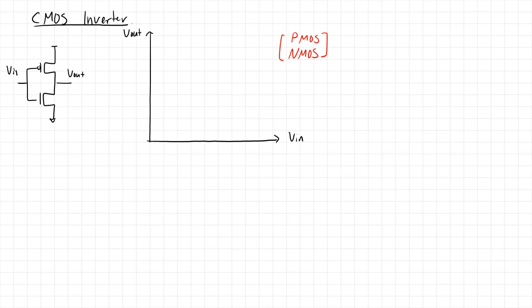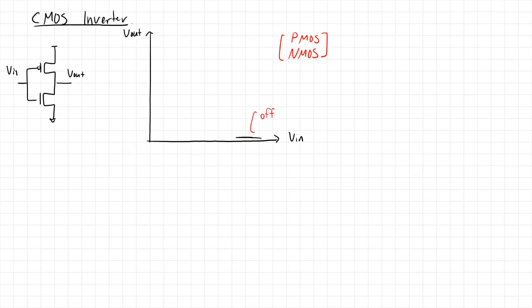Okay, now when Vin is large, we expect the PMOS device to be off and the NMOS device to be on. Okay, so we expect the curve to be something down over here. Now specifically, we expect the PMOS device to be in the cutoff regime, or more appropriately in the subthreshold regime.